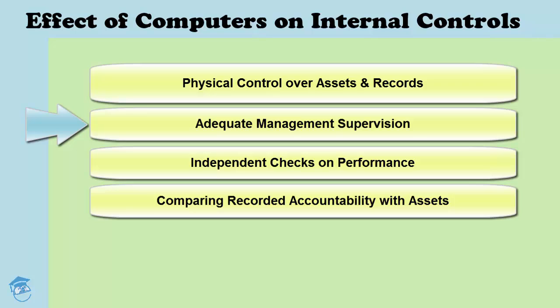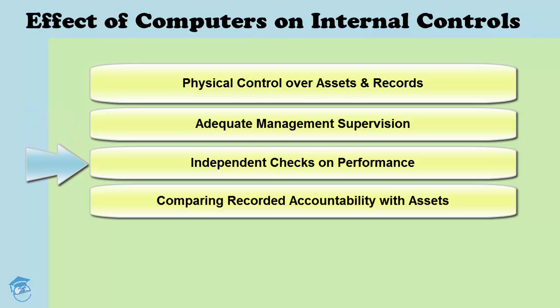Because many activities are electronically controlled, managers must periodically access the audit trail of employee activities and examine it for unauthorized actions. Is something going on that seems suspicious to your judgment? So you need to take care of that. You need to check whether management supervision is going on adequately if you are using computers in your internal controls from time to time or not.